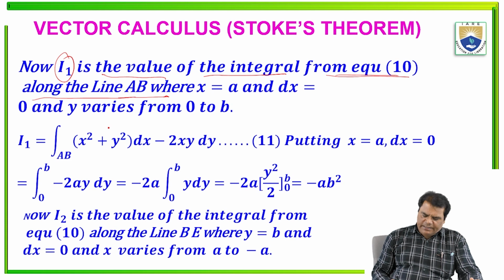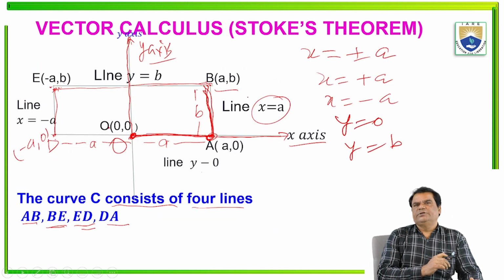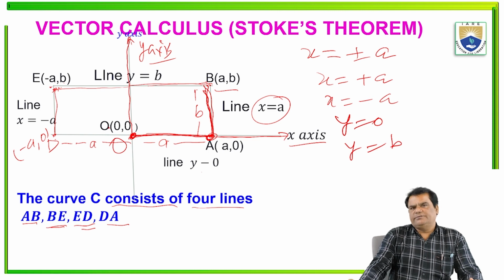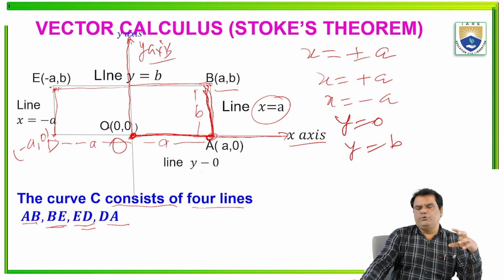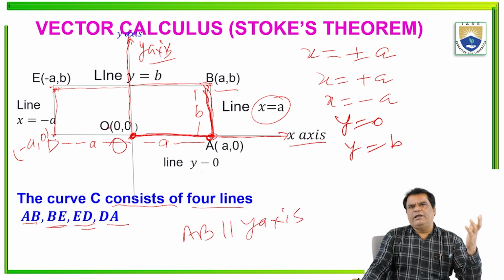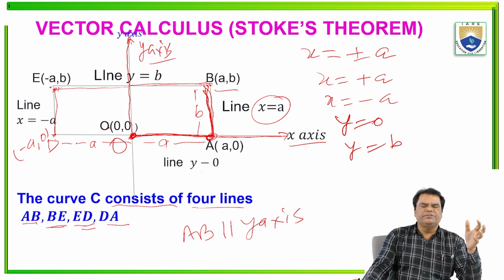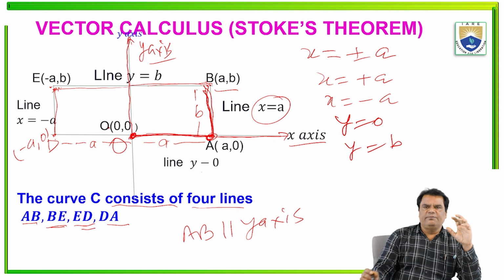So what is happening on the AB line? The AB line is x equal to a. This is parallel to the y-axis. Any line parallel to the y-axis means there is no value of y, there is only the value of a.